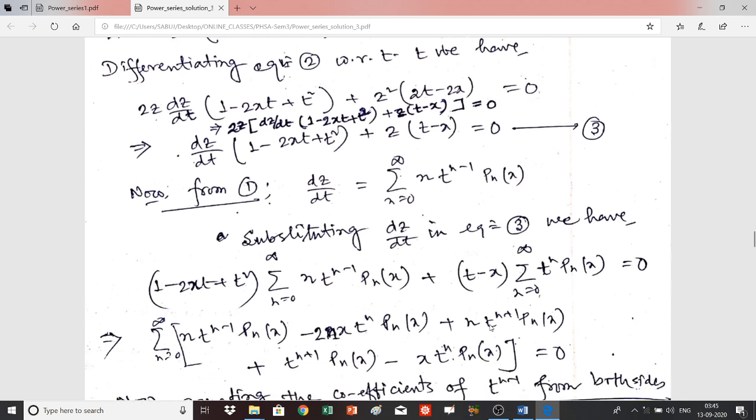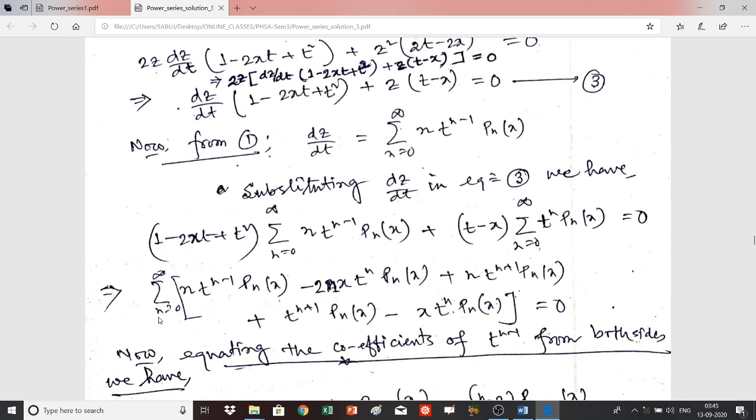So from here just simplify it. Multiply all these terms with this term.